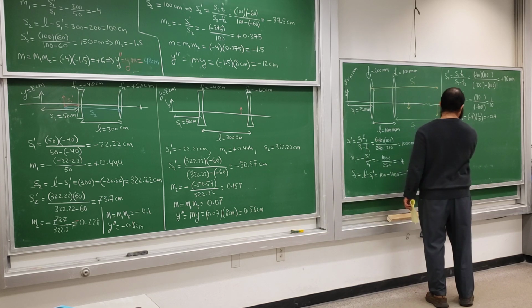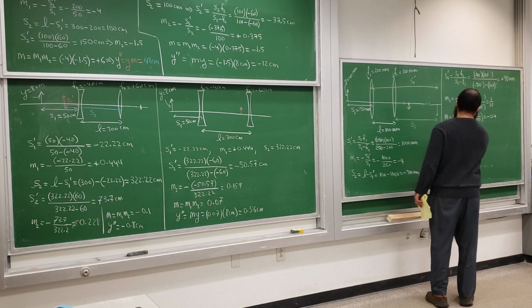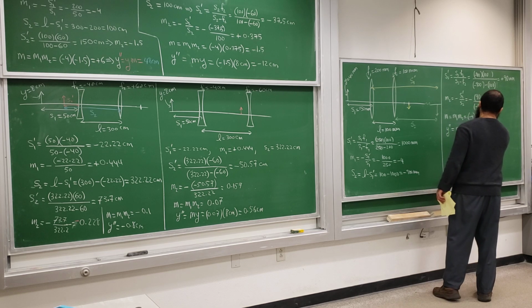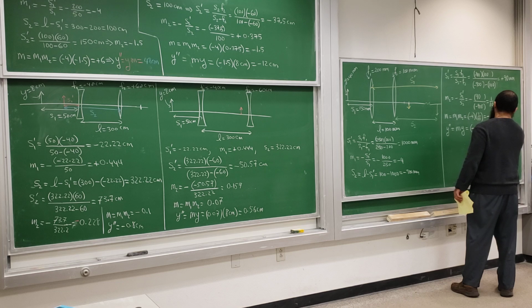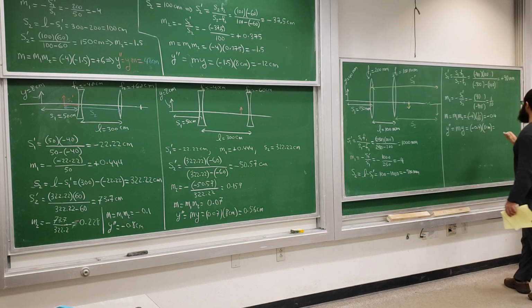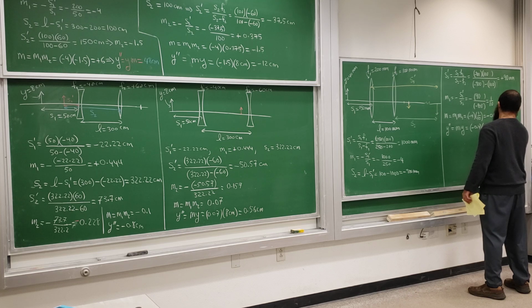So I'm going to say then y double prime, the height of the image, is going to be m times y. So that's minus 0.4 times 8 centimeters, and that's equal to, is it 8 centimeters? No, 40 millimeters. That was the other problem that was 8 centimeters, right? This one is 40 millimeters.